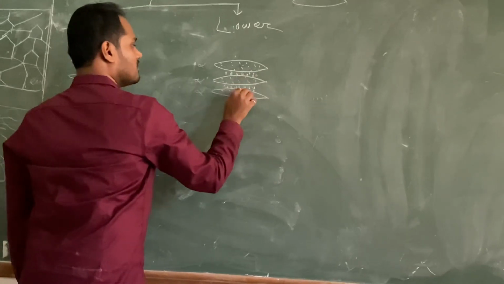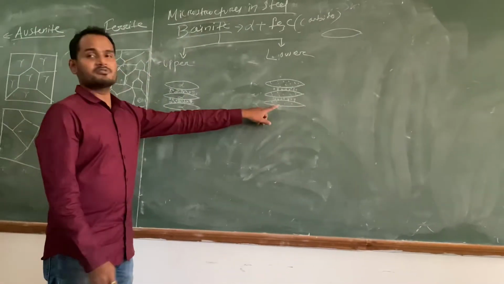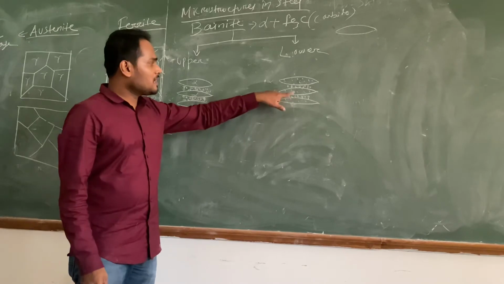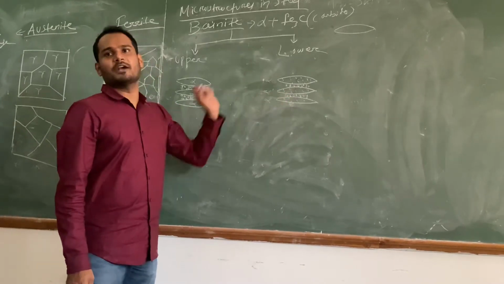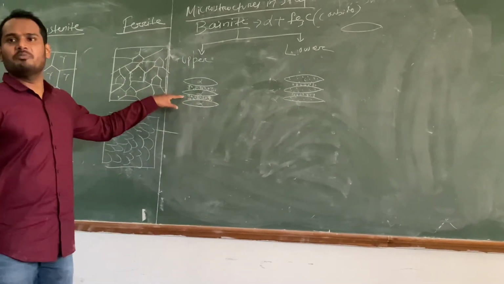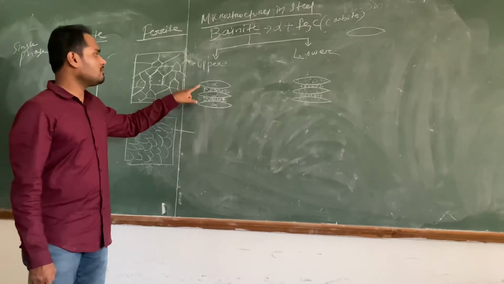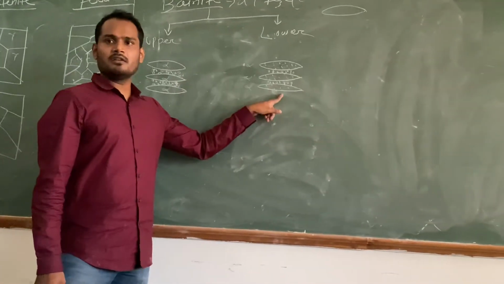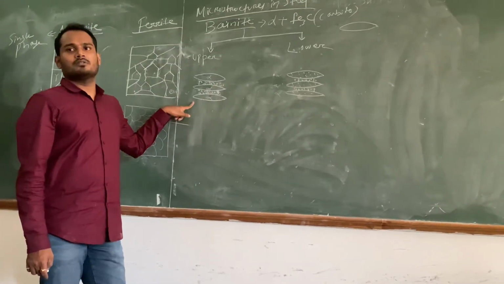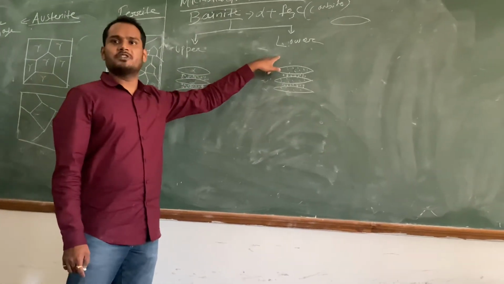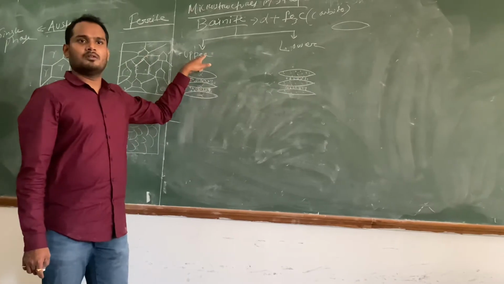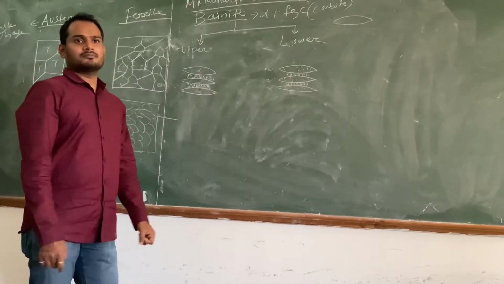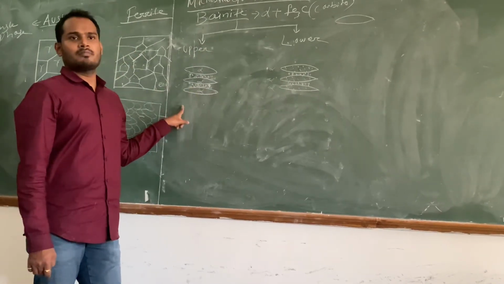So precipitation of cementite happens in between the plates and inside the plate of ferrite. But here only in between the ferrite plates. Right? And this one is somewhat finer. This one is somewhat coarser. So that's why lower bainite is very strong as compared to upper bainite. Why is this finer? But this is coarser.